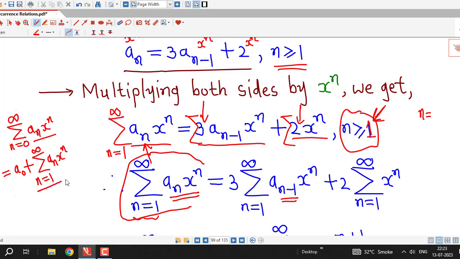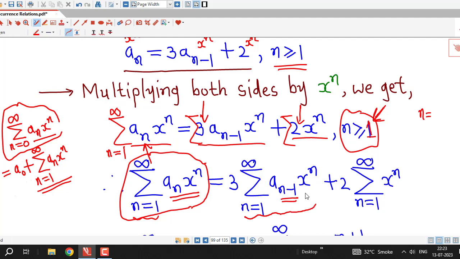That means this sigma a_n x^n, n equal to 1 to infinity, equals this summation minus a_0. So I will replace sigma a_n x^n from n equal to 1 to infinity by sigma a_n x^n minus a_0.